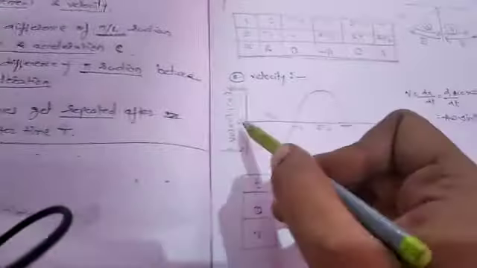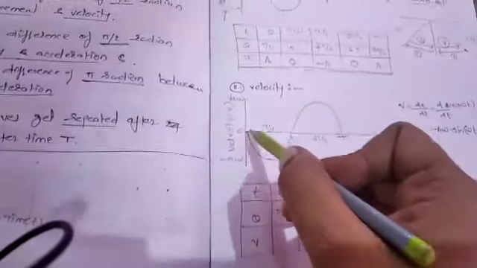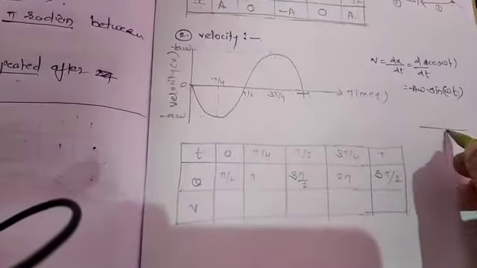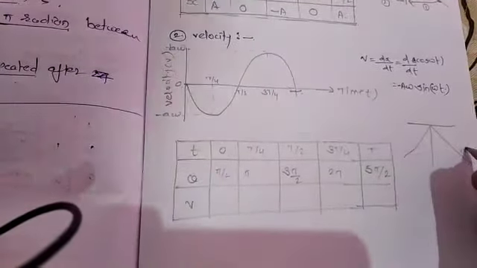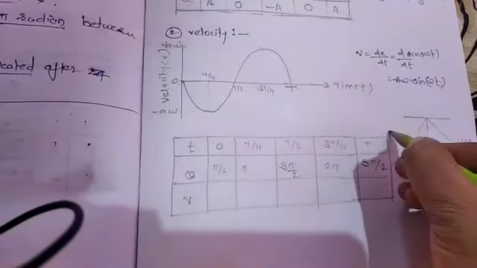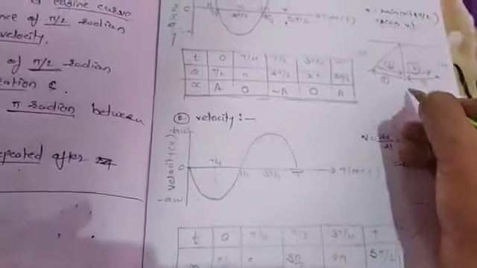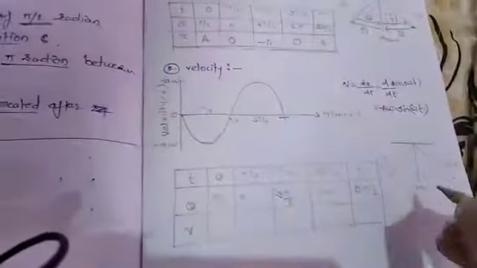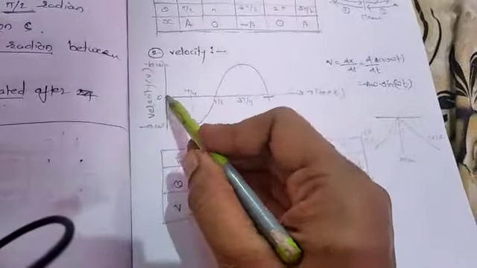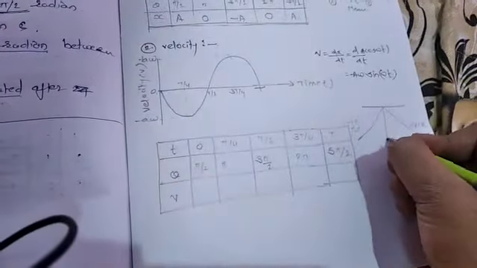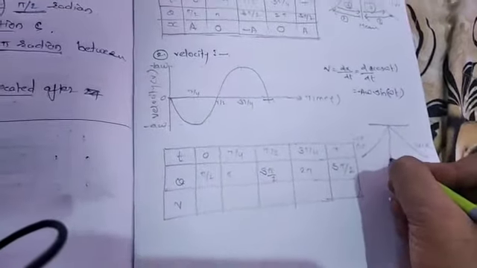Here the velocity graph is starting from the mean position, so we can mark the positive extreme, the negative extreme, and this is the mean position. The particle is at the mean position, this is the initial position of the particle.